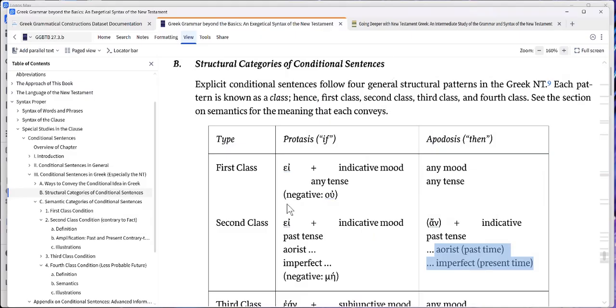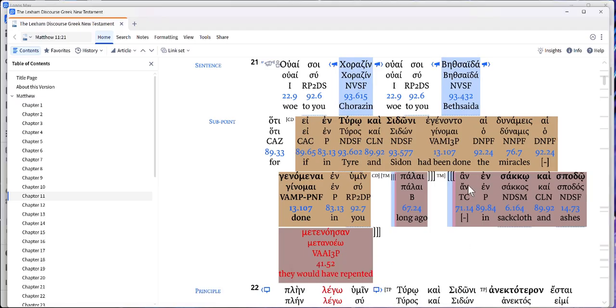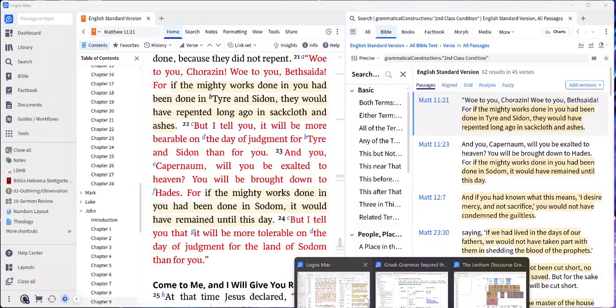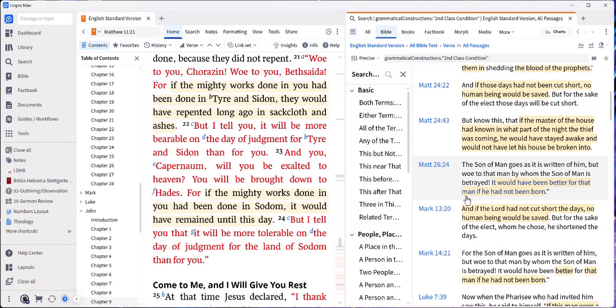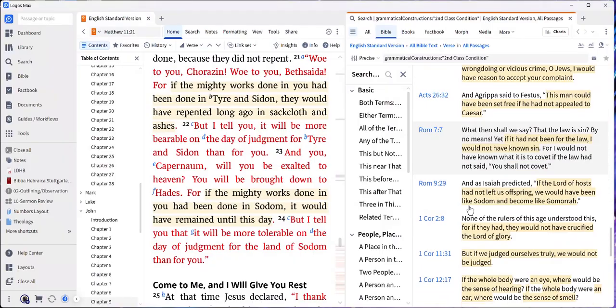Let's look at another one that could give us some input here. Let's see if we have any that are in the epistles.